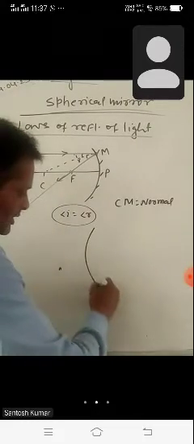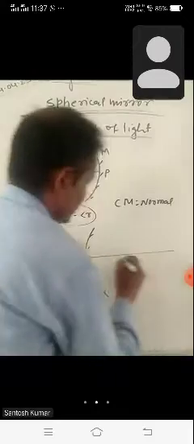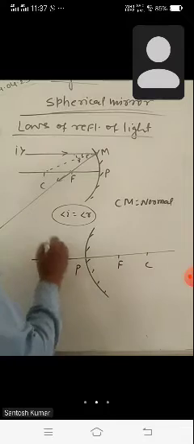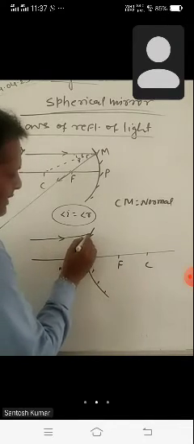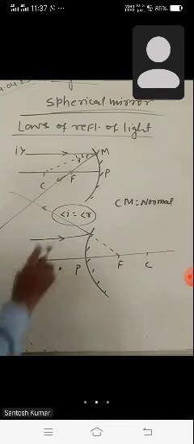Now for the convex mirror, just see. This is the convex mirror, F, C, P. Here again the ray is parallel. As per the law, it will move away from the focus.